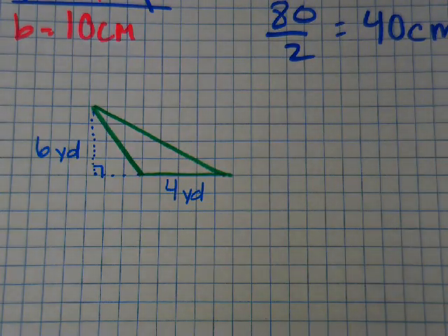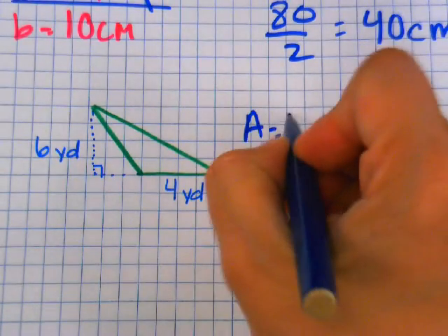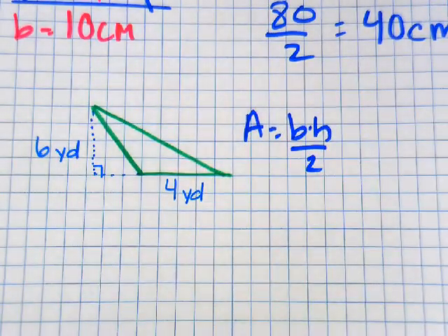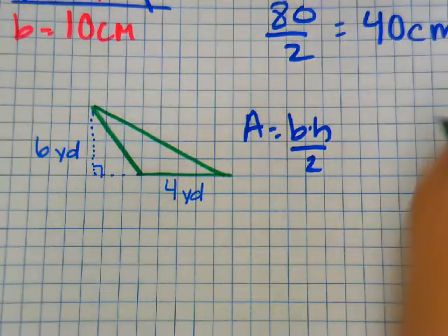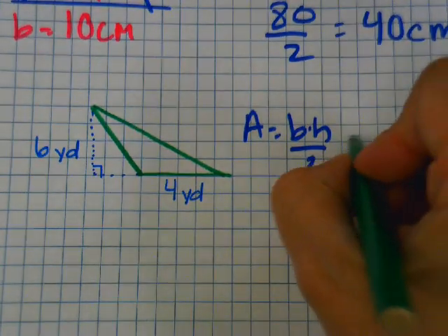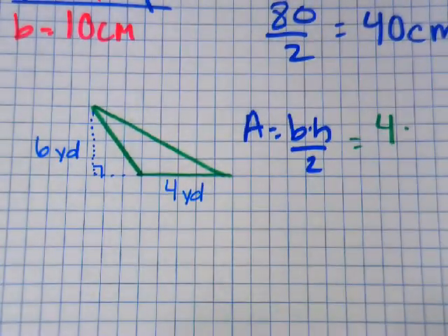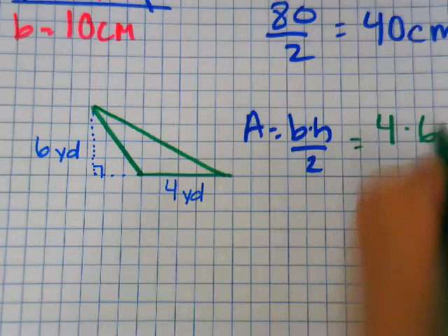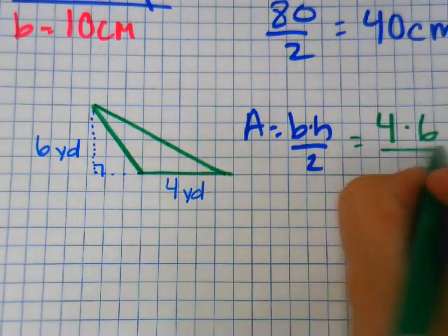All right. So area is equal to base times height divided by 2. What number is my base? 4. So did you write 4 times, what's my height? 6. Did you write 4 times 6? And then don't forget to divide by 2.